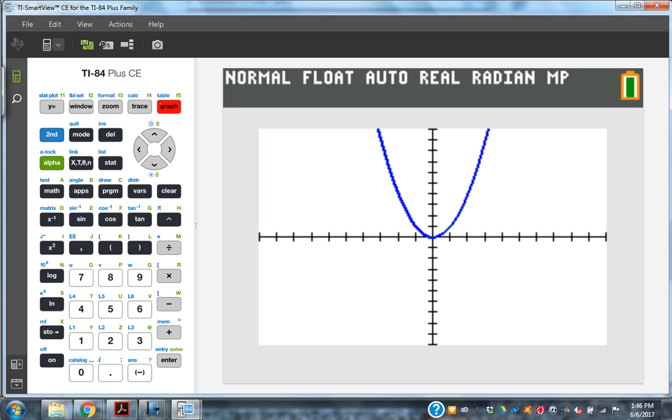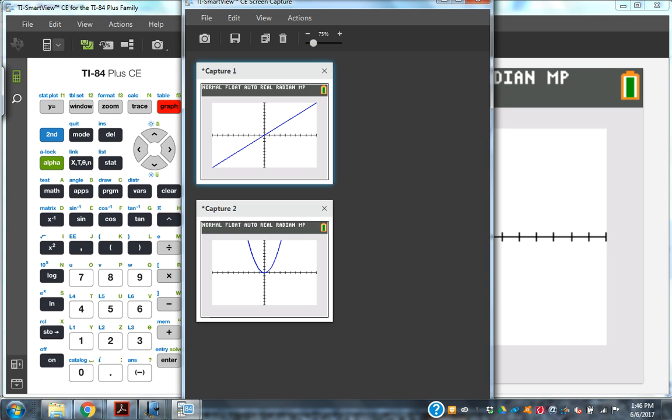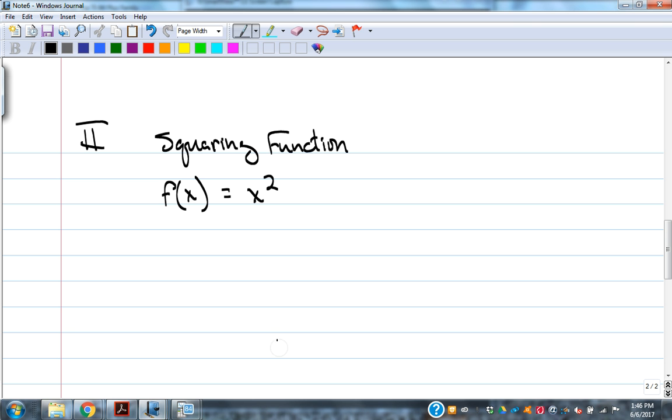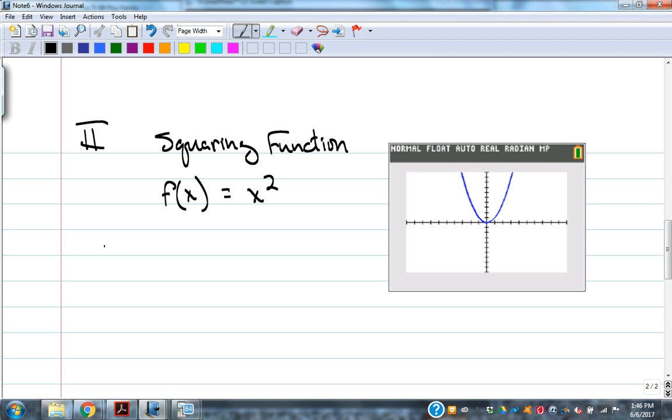There's that bowl shape. We drew one of these earlier when we were graphing. Maybe it was right after lunch when we started graphing some equations. Okay, so very, very simple picture. It has a domain.